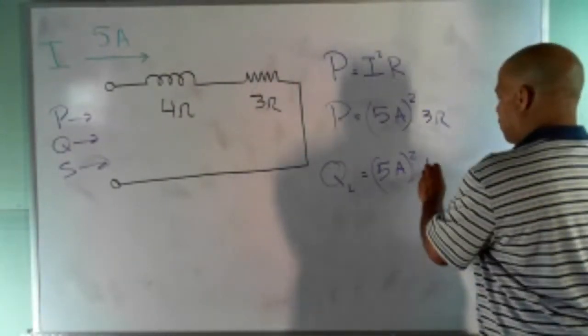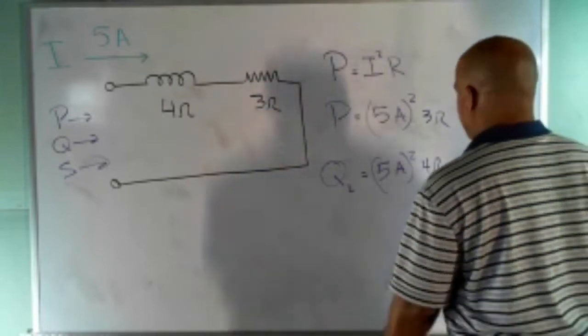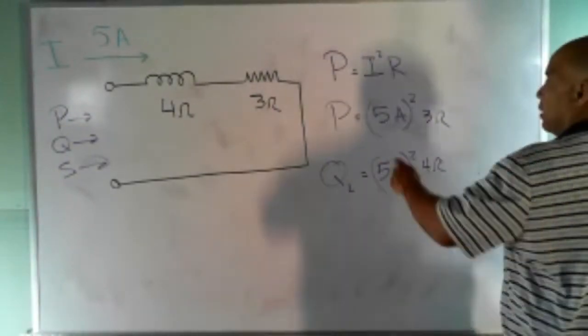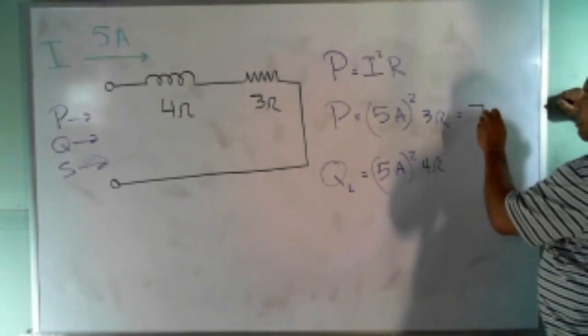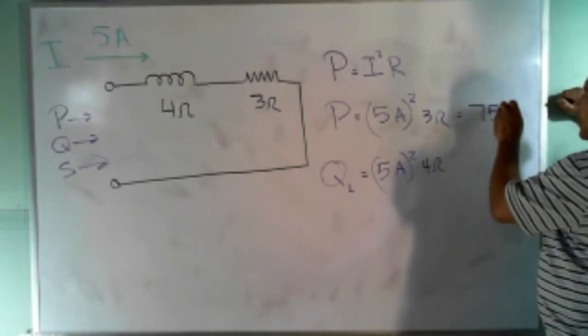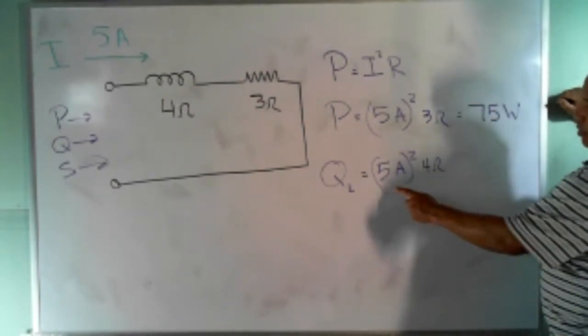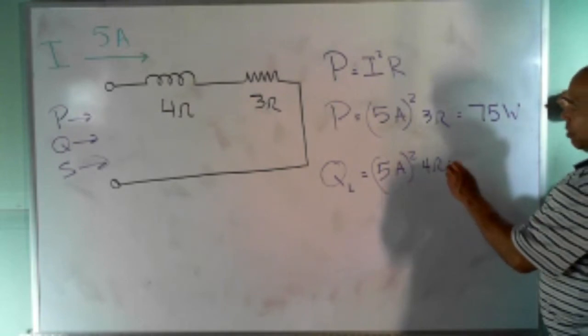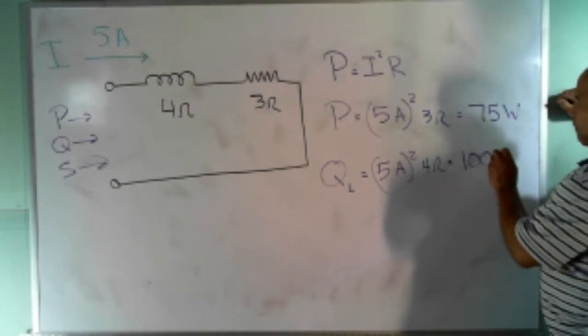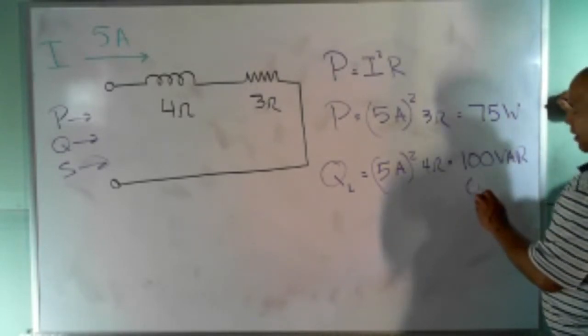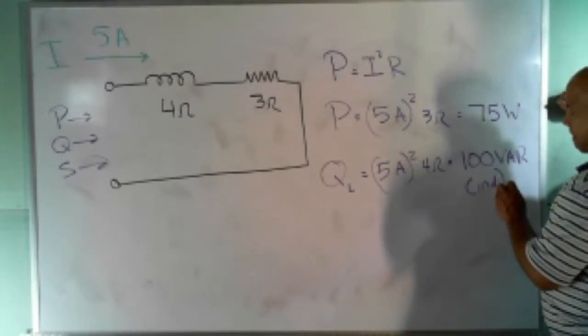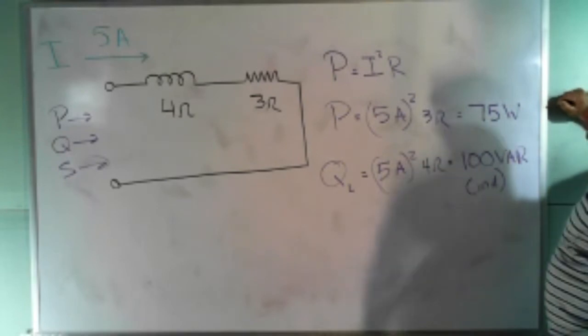This is a 4. All right, so we do that one. 25 times 3, we got 75 watts. 25 times 4, we got 100 VAR inductive. Or I can show it as a positive 100.